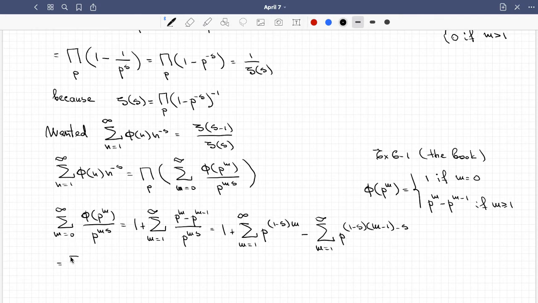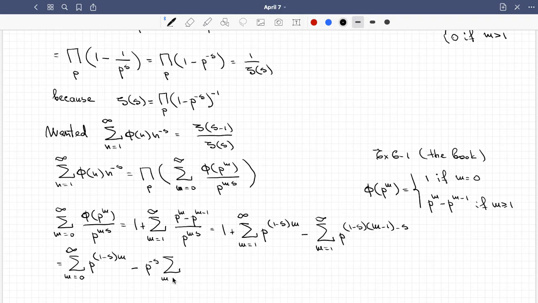So let us write the sum from m equals 0 to infinity of p to the 1 minus s, m, minus, and here I take this p to the power minus s out, and inside I shift the index of summation by 1, making this m instead of m minus 1 and this 0 instead of 1.